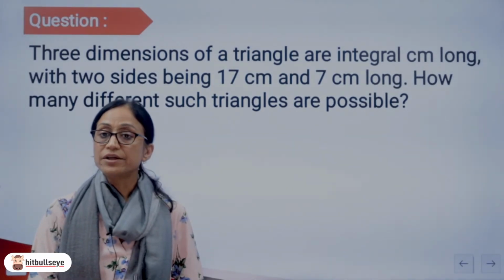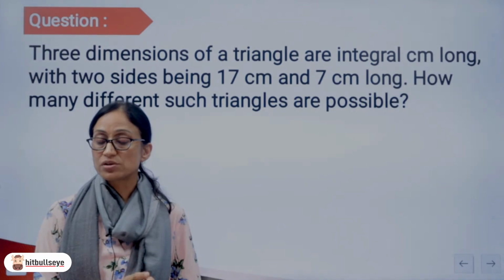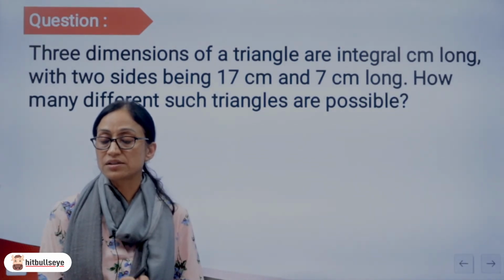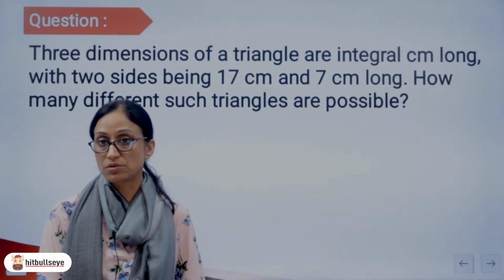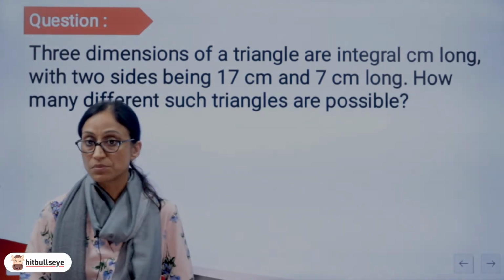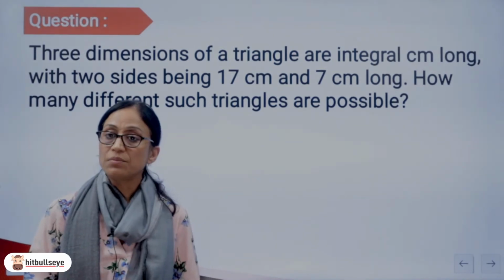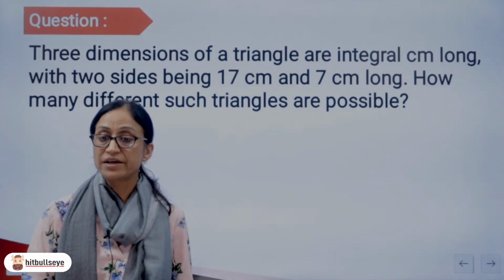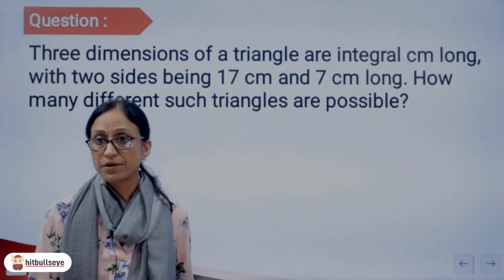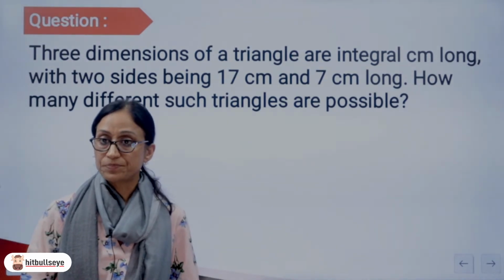Here you are already told that the dimensions of two sides are given as 17 centimeters and 7 centimeters. The third one is of course missing in the question, and that's exactly what we have to count. How many values that third side can take will decide the number of triangles possible.